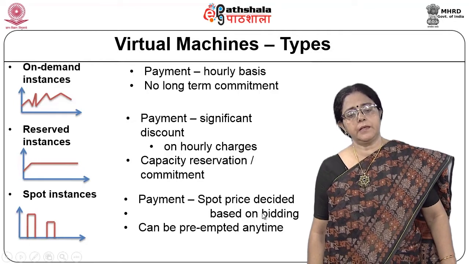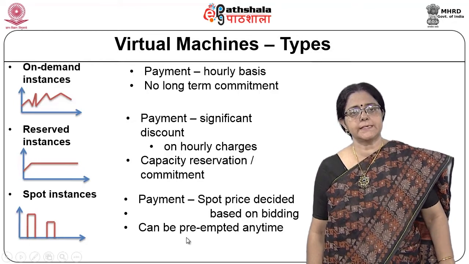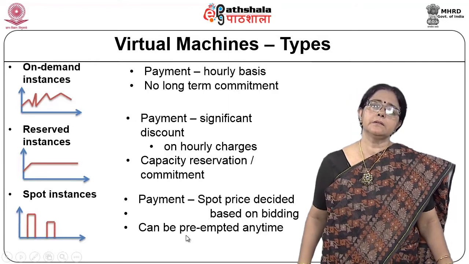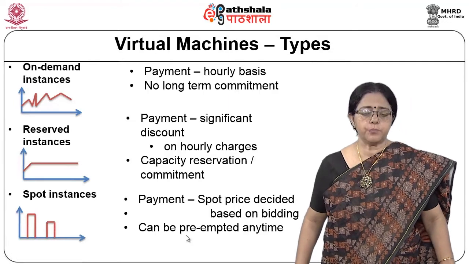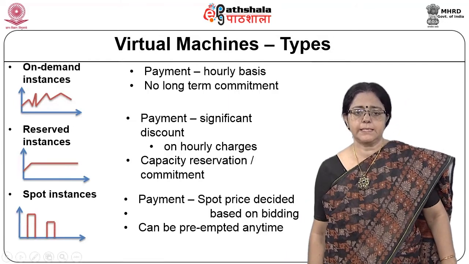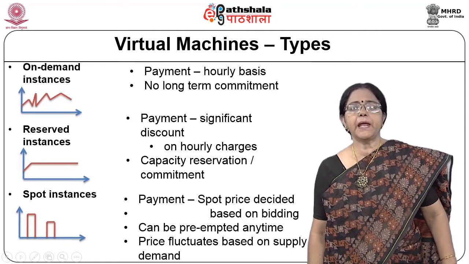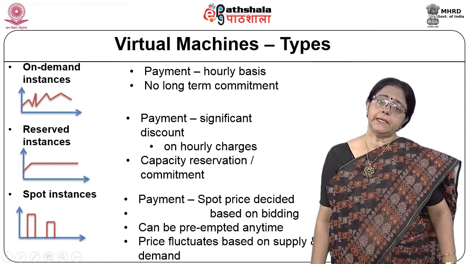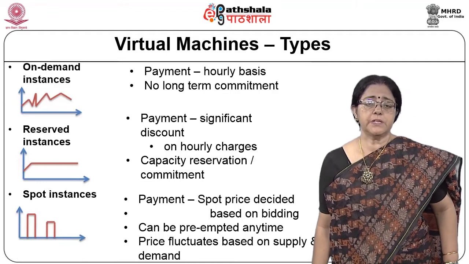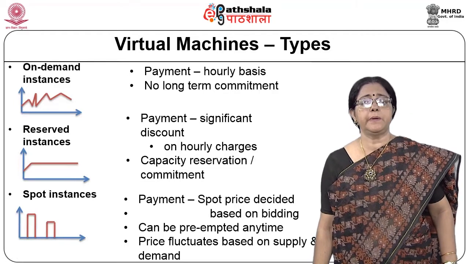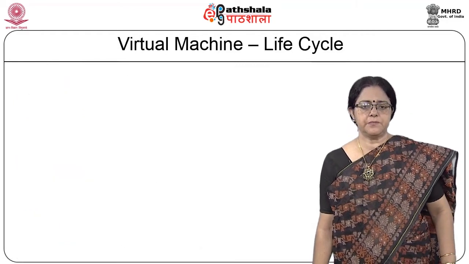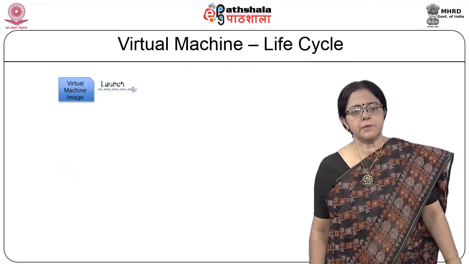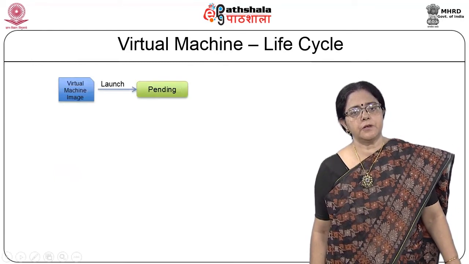The problem with this kind of spot instance is that the provider reserves the right to preempt a service at any point in time. The spot instances are typically auctioned and the best bidder will be given a specific instance. So, these are the possible options for virtual machines.